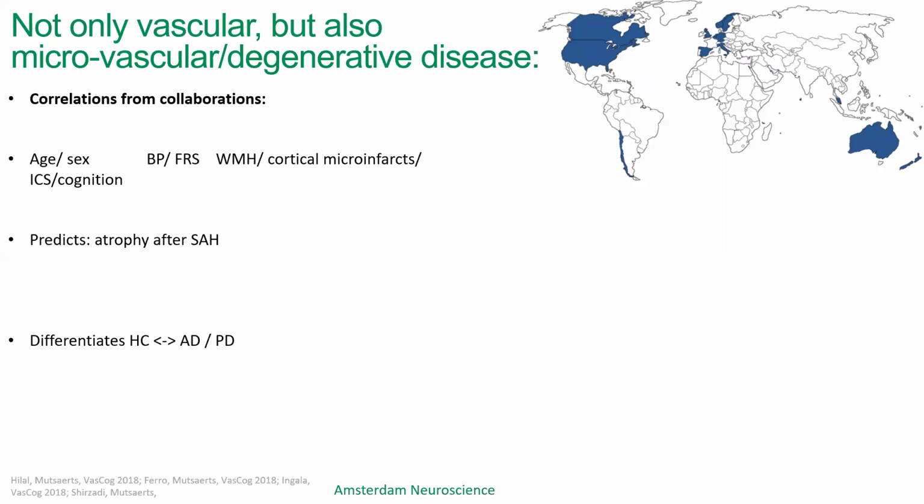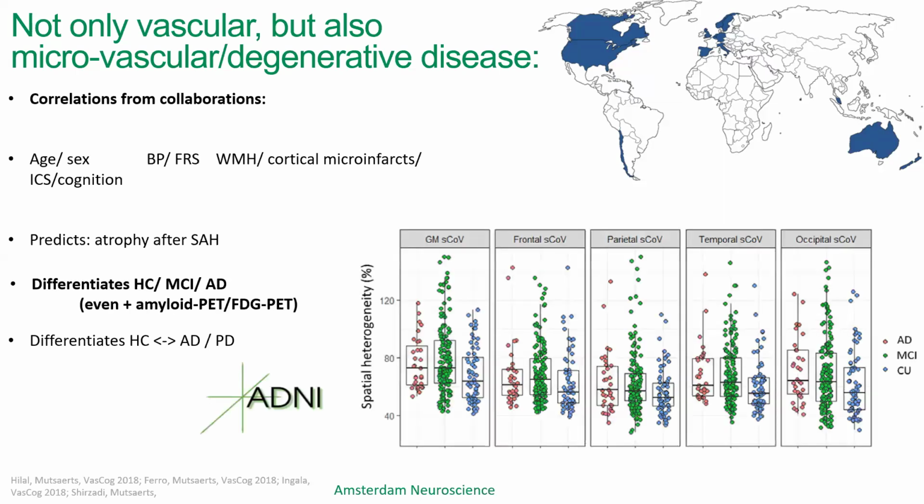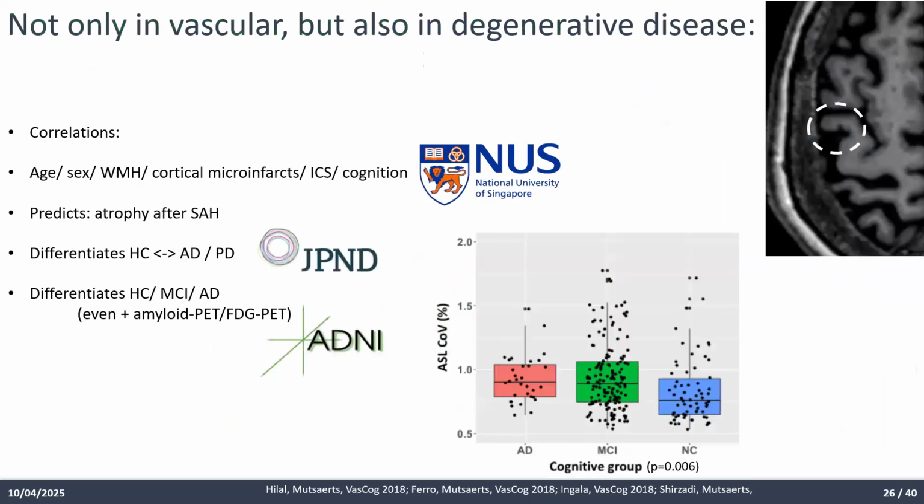It predicted atrophy after subarachnoid hemorrhage. And it was also able to differentiate different stages of dementia. So I think there's a lot that we can use ASL for, both on this vascular side as well as on the tissue perfusion side, in research, but also in clinical practice.